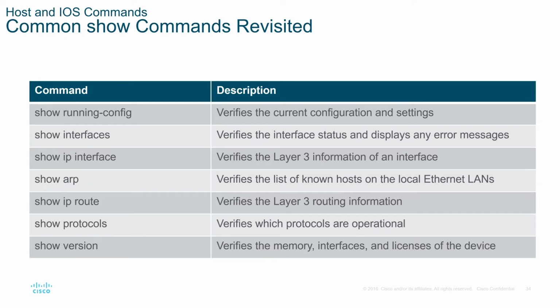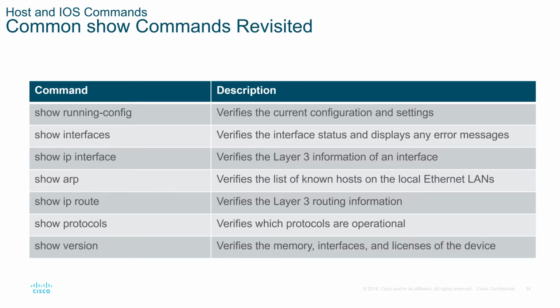Some of the common show commands that we have discussed within this course: show running-config, show interfaces, show ip interface, show arp, show ip route, show protocols, show version, show ip interface brief.